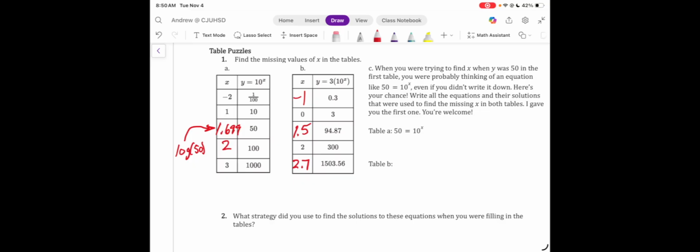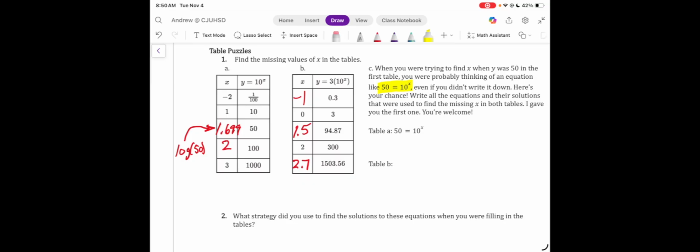When you were trying to find x when y was 50 in the first table, you were probably thinking of an equation like 50 equals 10 to the x. Even if you didn't write it down, here's your chance. Write all the equations and their solutions that were used to find the missing x in both tables. I give you the first ones, and you're welcome.